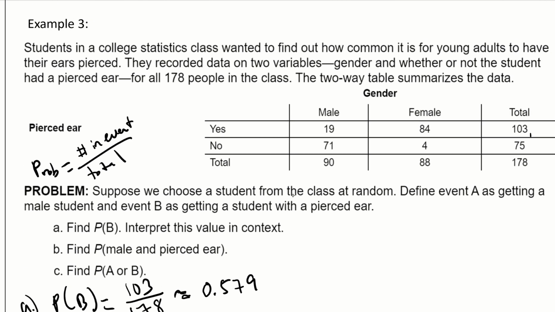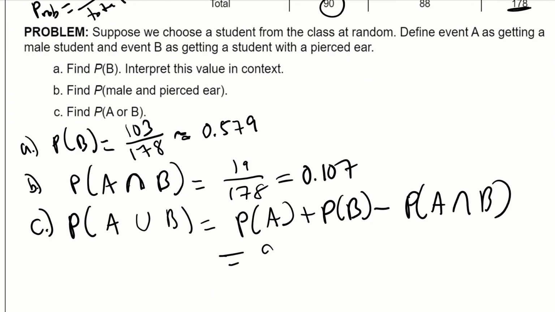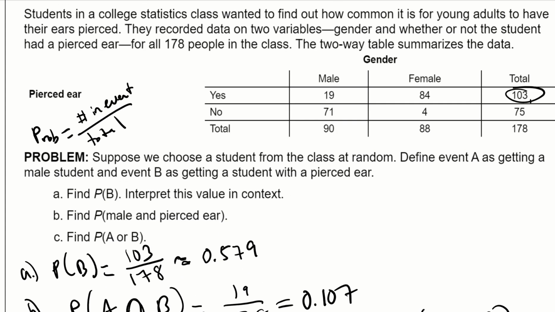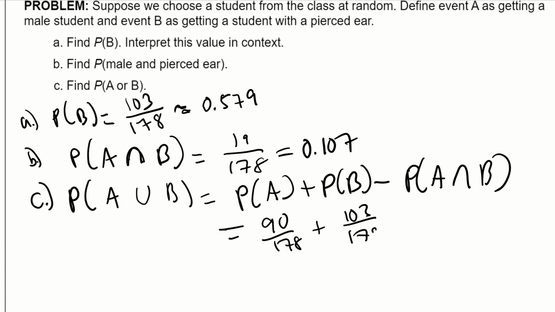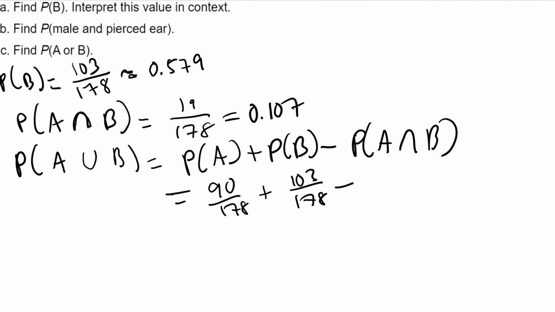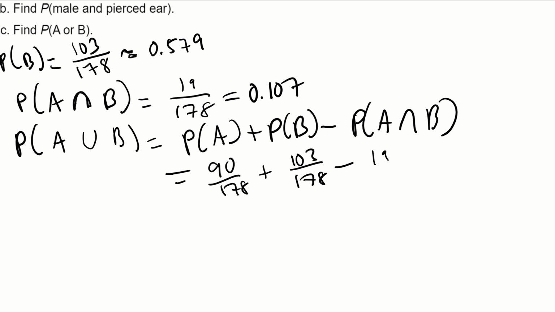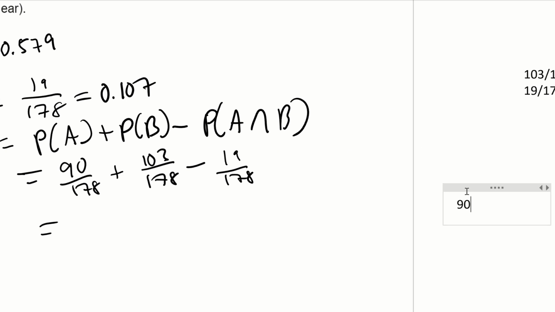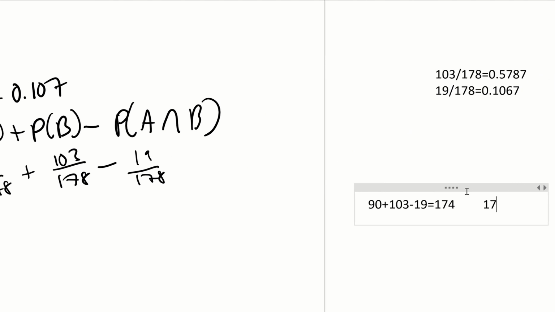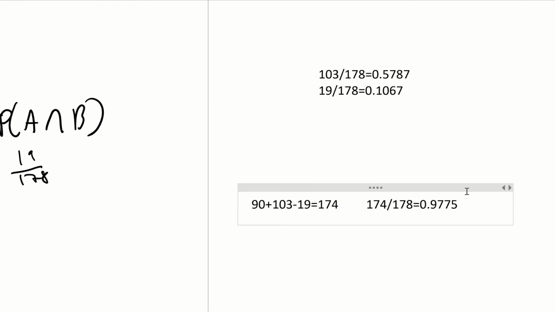So what's the probability of male? Well, there's 90 males out of 178, right? So 90 out of 178. So when you do these kind of probabilities, it's safe to just use the rule. And then the probability of a pierced ear, well then the total for pierced ear was 103 out of 178, minus, and then you're going to take away the male and the pierced ear, which was the 19 that we got earlier in part B. Okay, so we're going to go ahead and combine those to get 174 out of 178, which is 0.978.